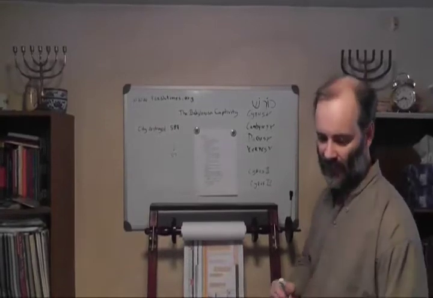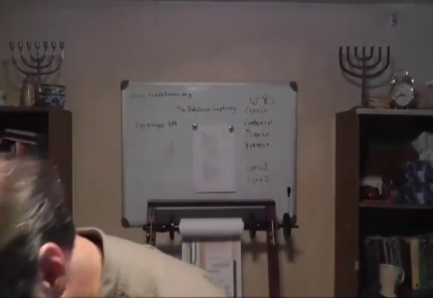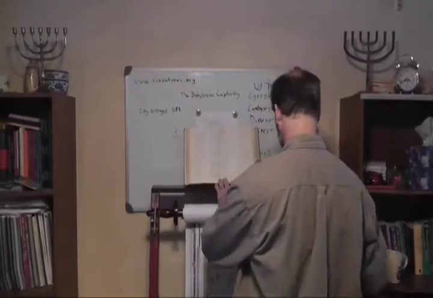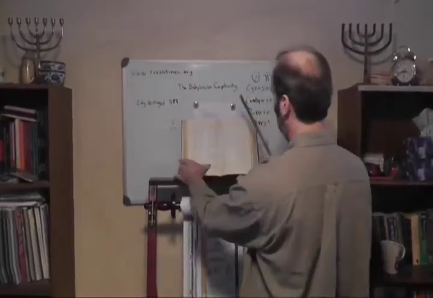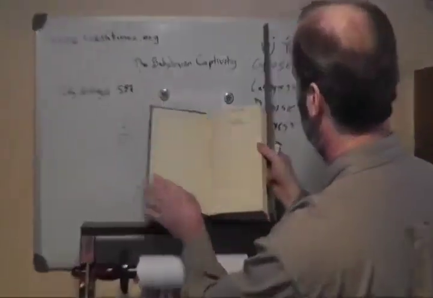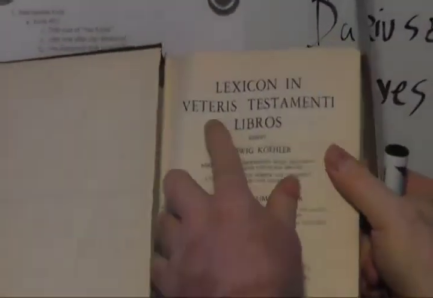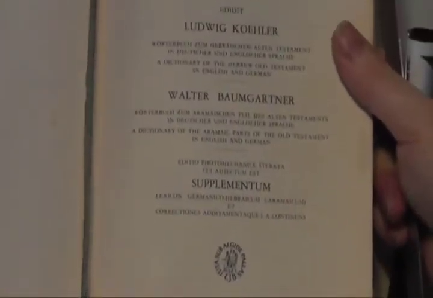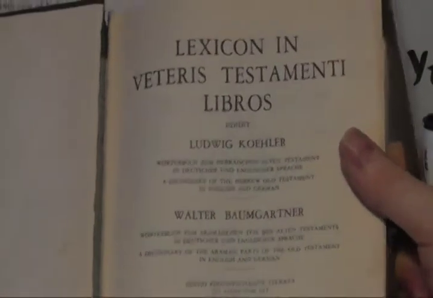We're going to look at Koresh in the Baumgartner's, also called the Lexicon in Veteris Testamenti Libros. You can get this here. Actually, it has an updated edition, which I don't have. So let's focus on here.